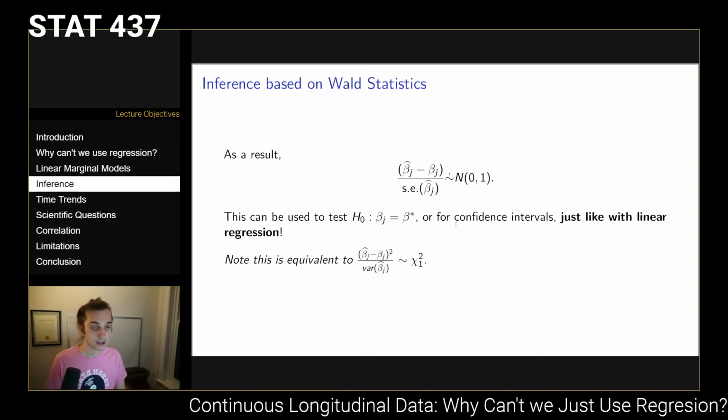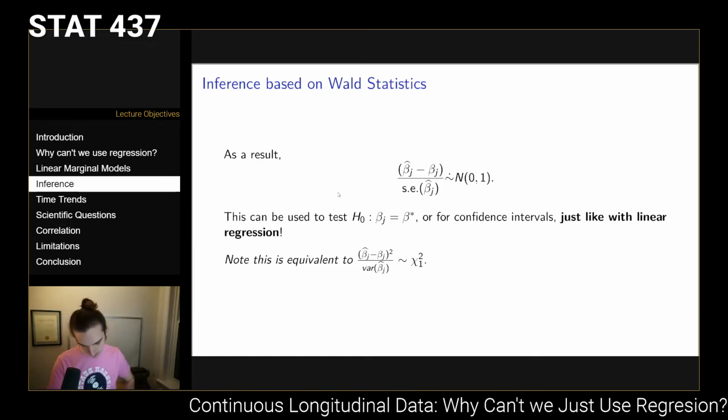Moreover, if you want to test a hypothesis of, say, beta j equals beta star, then just like with linear regression, if we plug beta star in for beta j, under the null hypothesis where those two are equal, we're going to see a standard normal. And so we can use those regular t-tests, or build confidence intervals by inverting this.